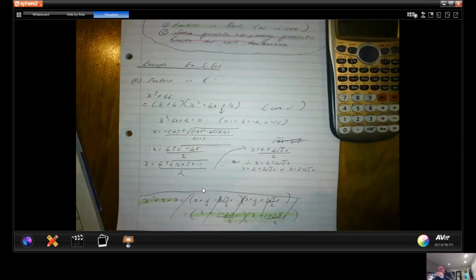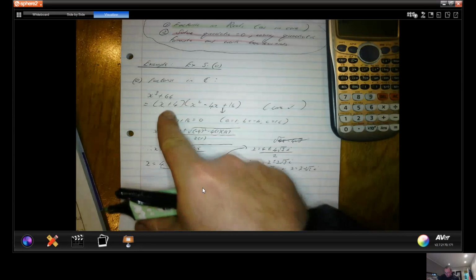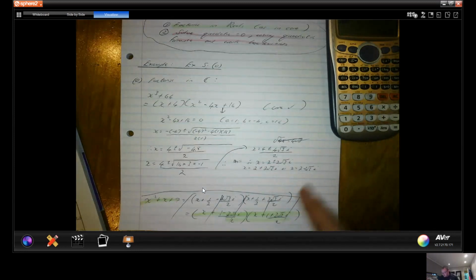So if the question had been solve for x, you'd be done at this point. They're your three solutions: x is equal to negative 4, x is equal to 2 plus 2 root 3i, x is equal to 2 minus 2 root 3i. But the question didn't say solve for x, the question said factorize.